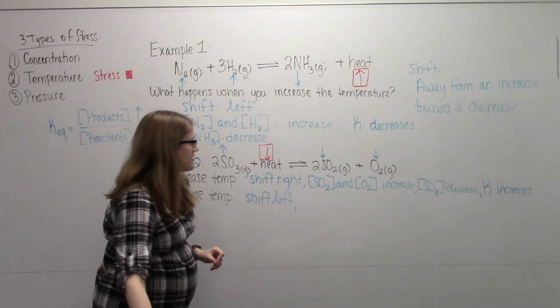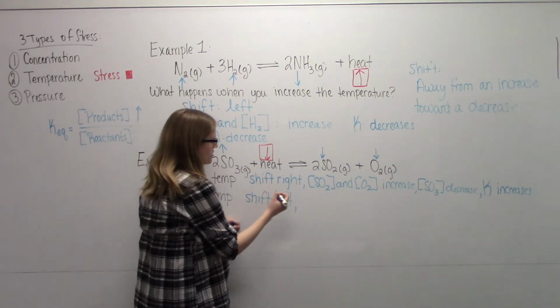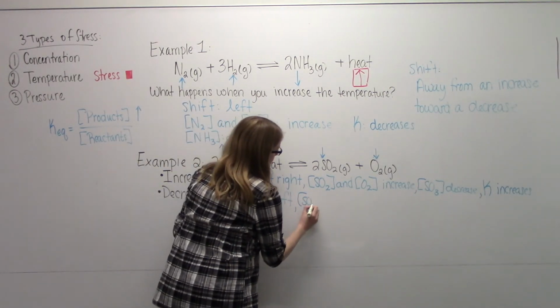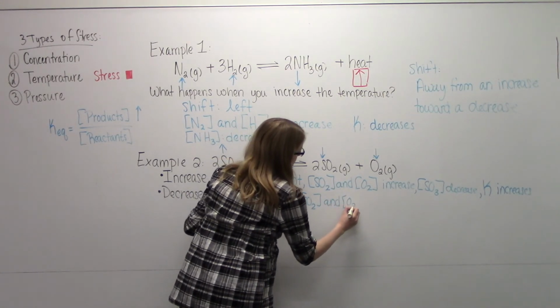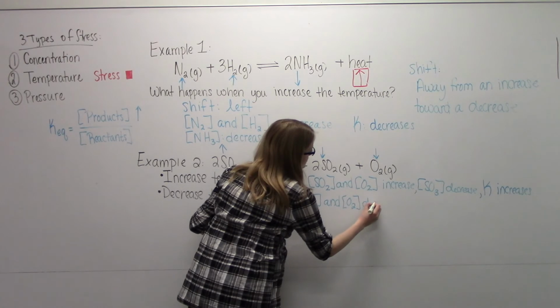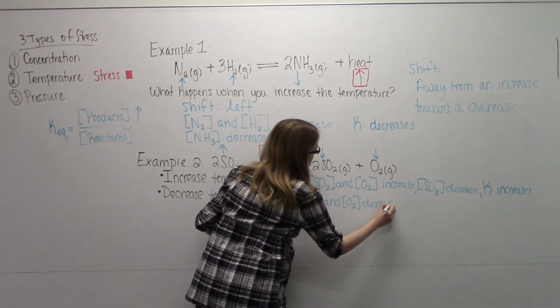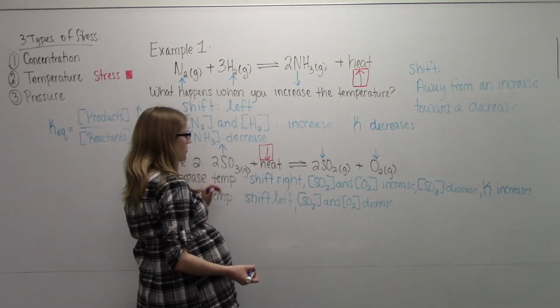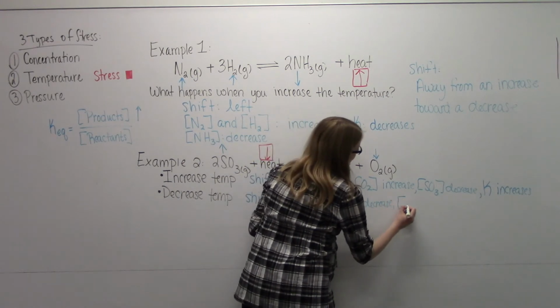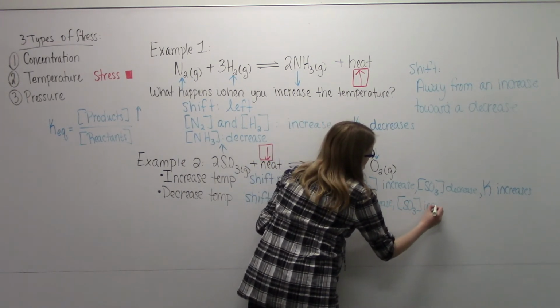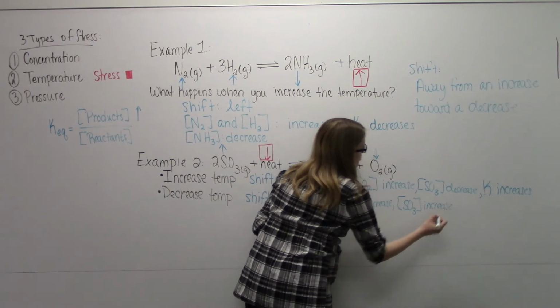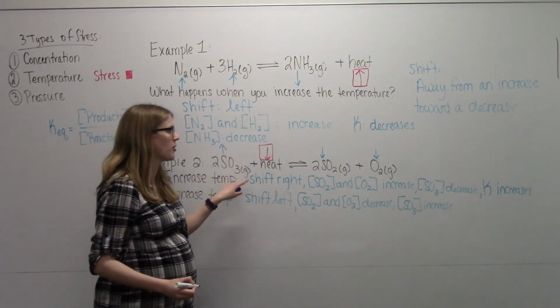So shift left, and then SO2 and O2 will decrease, and SO3 will increase. Notice this is the exact opposite of the problem right before.